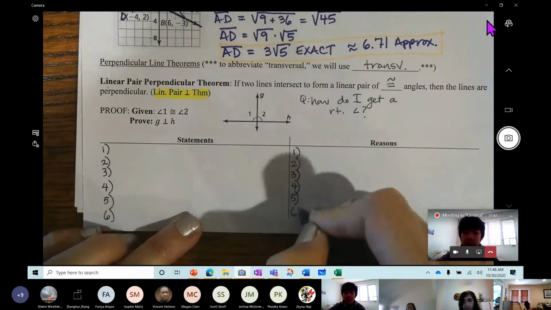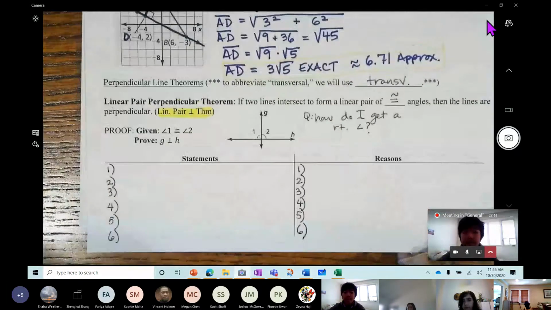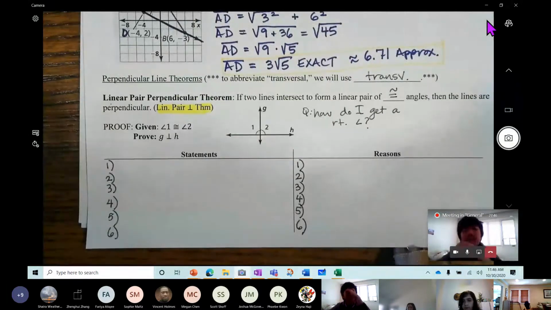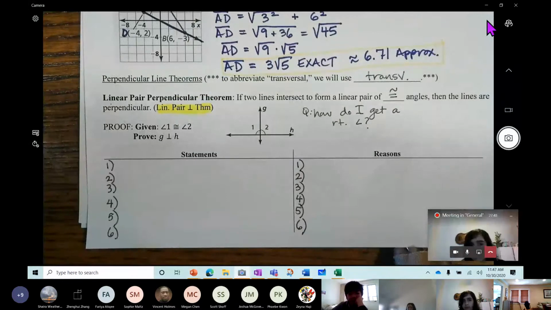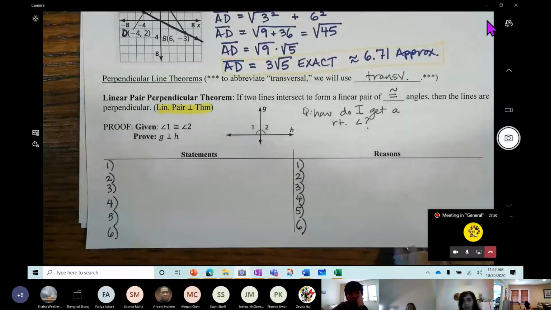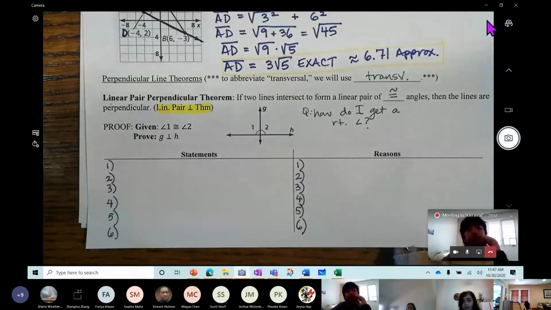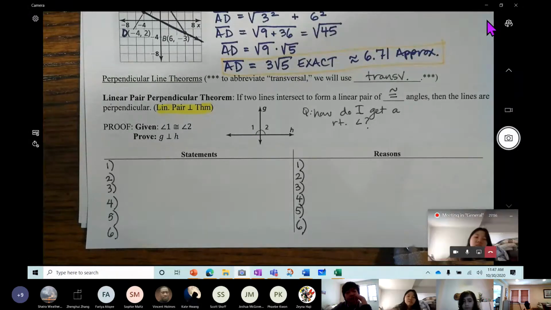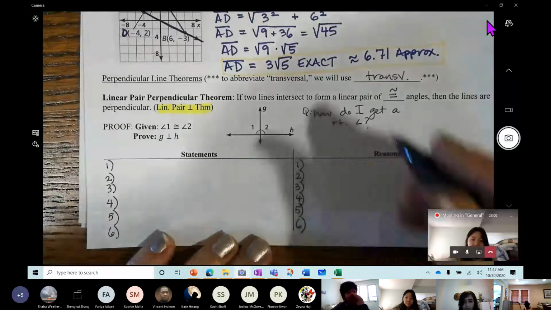Two congruent angles will not give you a right angle. Good try. What will give you a right angle? They both equal 90 degrees. You need 90 degrees. Very good. You need 90 degrees.